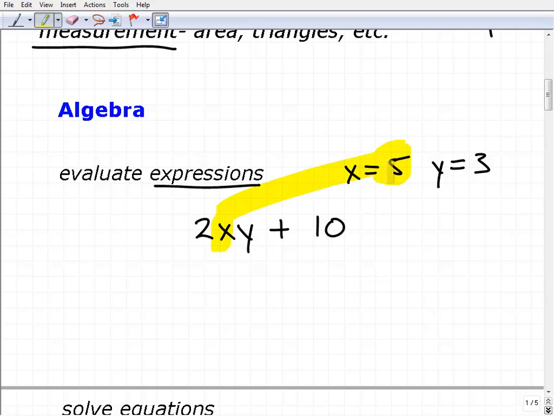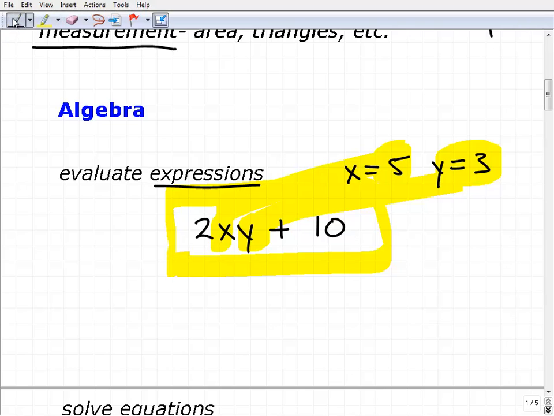So if x is 5, I would want you to plug in 5 for the x, and then if y is 3, I'd want you to plug in 3 right here, and then you would have to go ahead and simplify, multiply these together, add it to 10, etc., to evaluate that. That's what that word means. So it's a lot of that in algebra, so you'll certainly be seeing that.